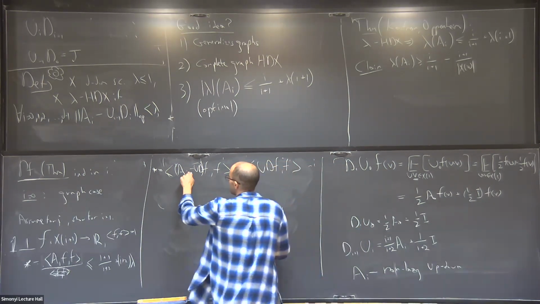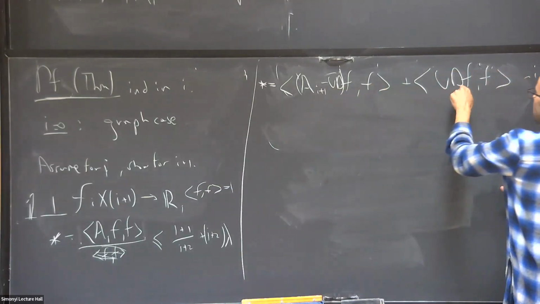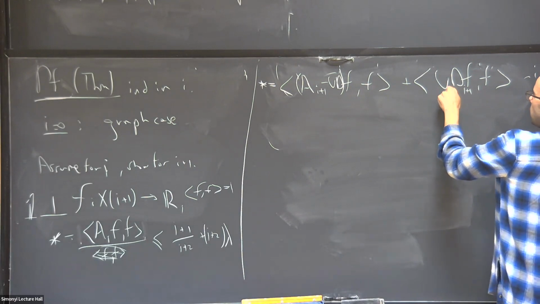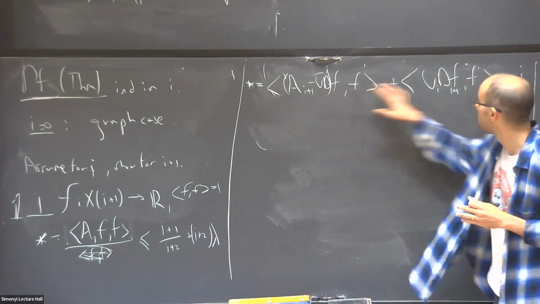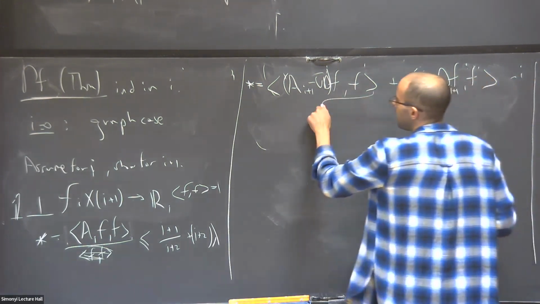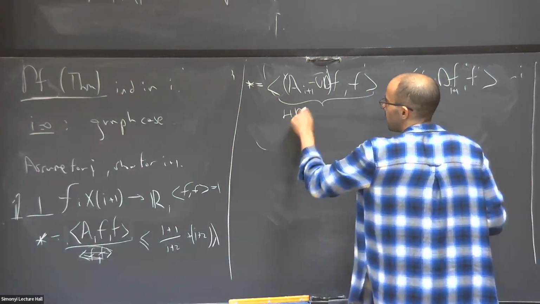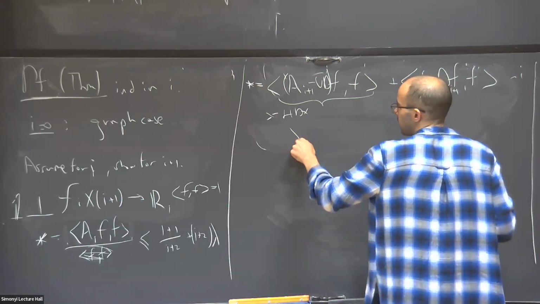Sorry, I needed A_(i+1) here. So the right indices here are D_(i+1) U_i. All I'm doing is adding and subtracting this term from the expression. And now, by high dimensional expansion, in operator norm, this is at most lambda.